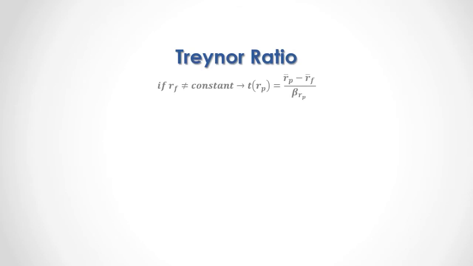If the risk-free rate of return is not constant through time, then the portfolio returns Treynor ratio is equal to, and within the numerator, we have the portfolio returns mean minus the risk-free rate of return mean, and that result divided by the portfolio market beta. Because of having that risk-free rate of return being not constant through time, then the portfolio market beta is equal to, and within the numerator we have the covariance between the risk premium and the market risk premium.